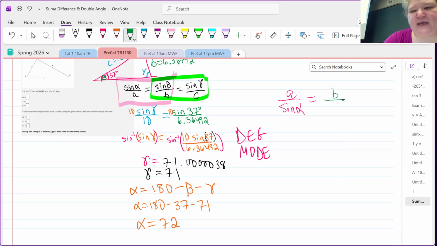So I'm going to do B over sine beta. So A over the sine of 72 equals 6.36492 over the sine of 37.